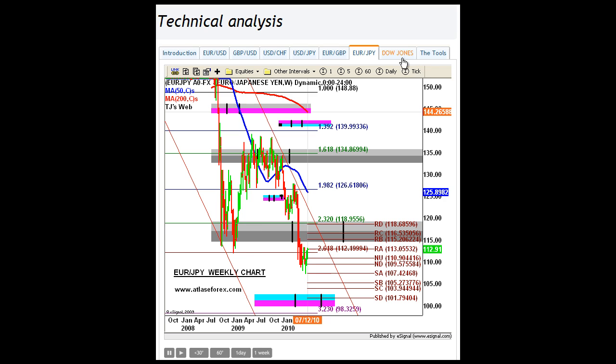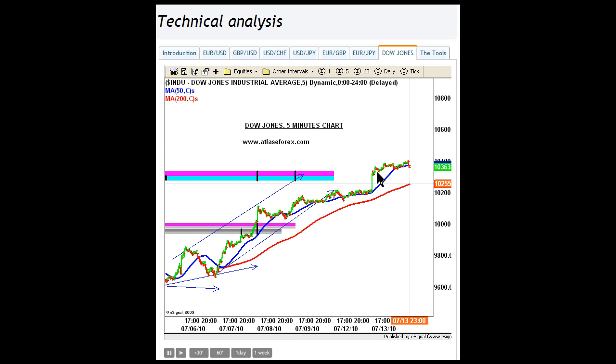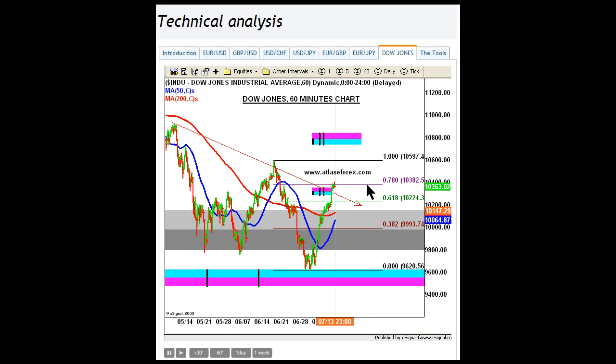Weekly. Let's go back to Dow Jones. The 5-minute chart and the 50 moving average, they're beautiful. Yesterday we were here, then up again, nice. 60 minutes, above the 0.78 or there. Now if we pass it, it means we're going to exceed this 1,600.